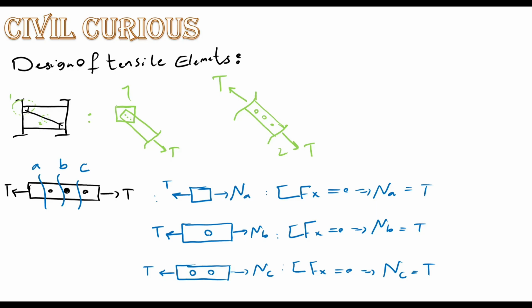Okay, let me continue. If you wonder why NA, NB, and NC are all equal to T, whereas we have three holes here, you see, because of these holes there is not any connection.